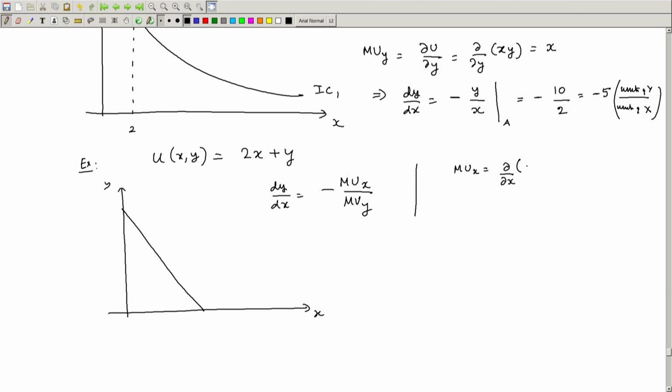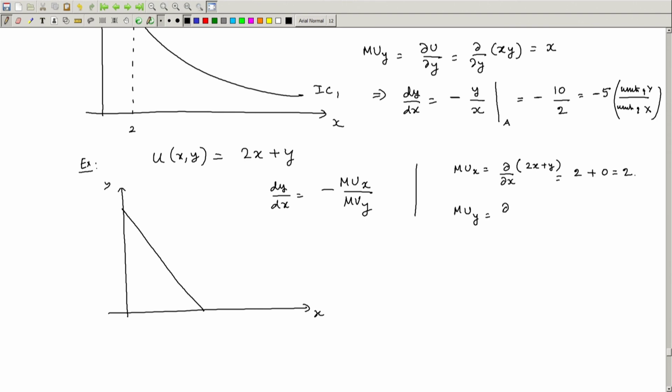So, that is the derivative of 2x plus y with respect to x, keeping y constant. So, the 2 will come out and the derivative of x with respect to x is 1, and then the derivative of y with respect to x, where y is a constant, is going to be 0. So, I am going to get 2.